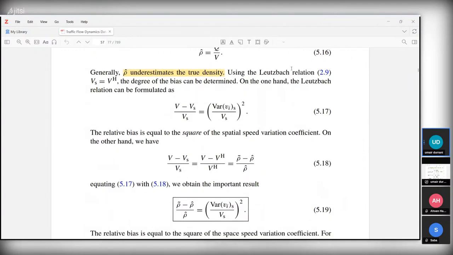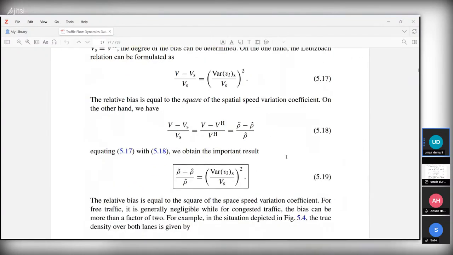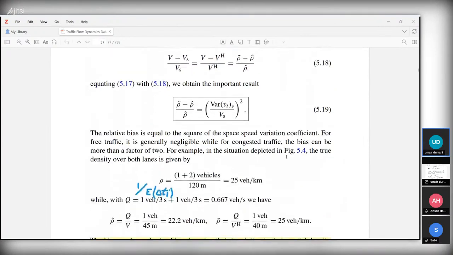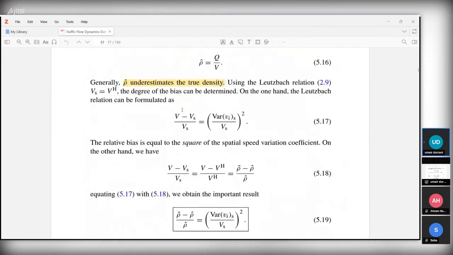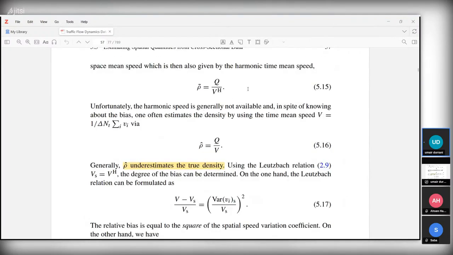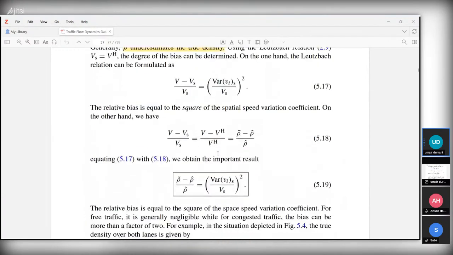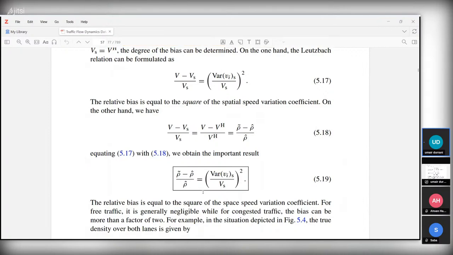So using that relationship again, here they actually quantify the amount of bias. This is based on equation 5.15, where we're using the space mean speed and this is using time mean speed. So we are getting the amount of bias by comparing these two equations.